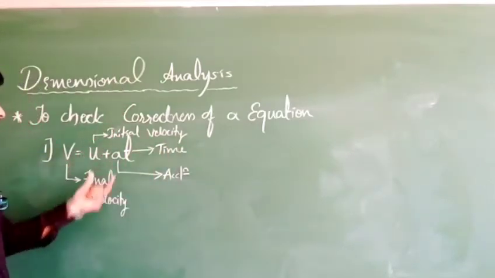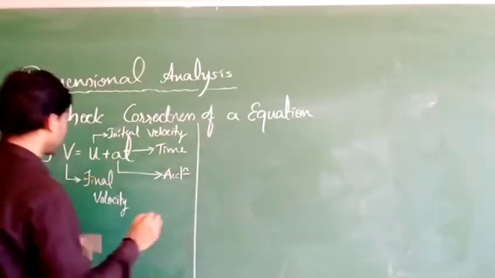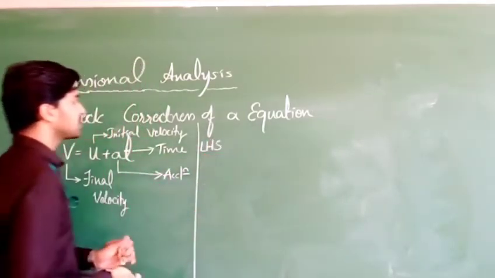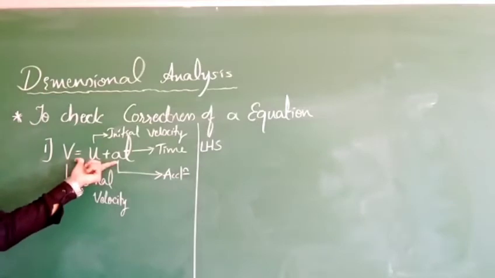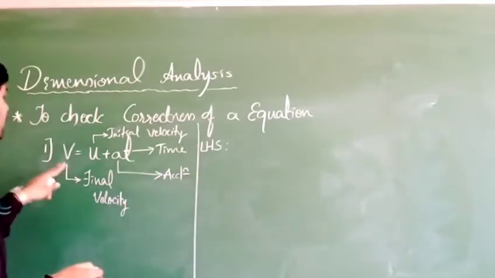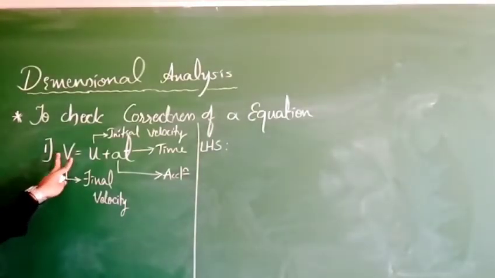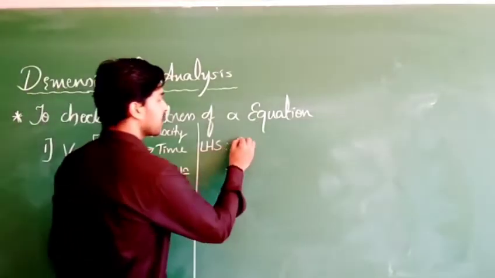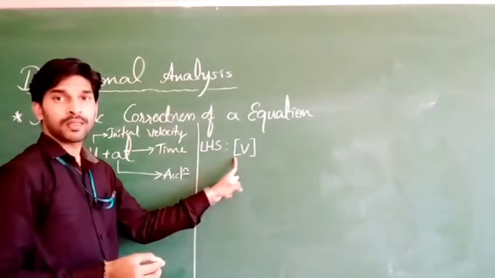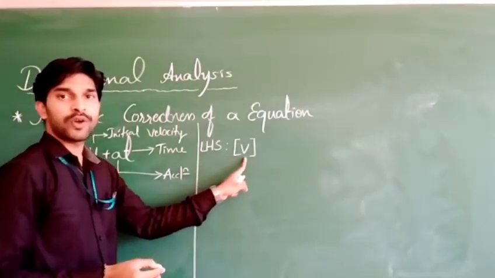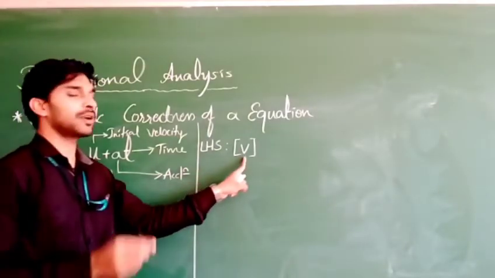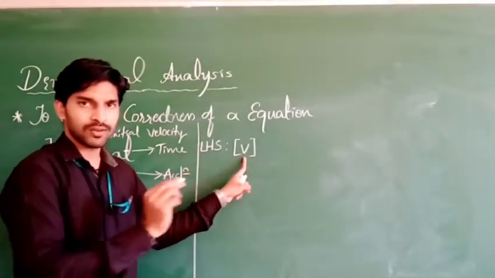So how do we check the correctness of the given equation? First we consider the left hand side, in which we have V. We are going to calculate the dimensions of V. V is the final velocity, basically velocity.